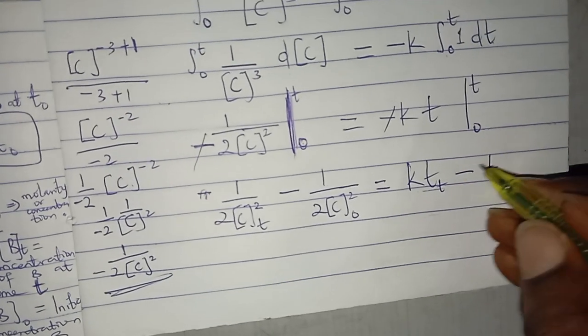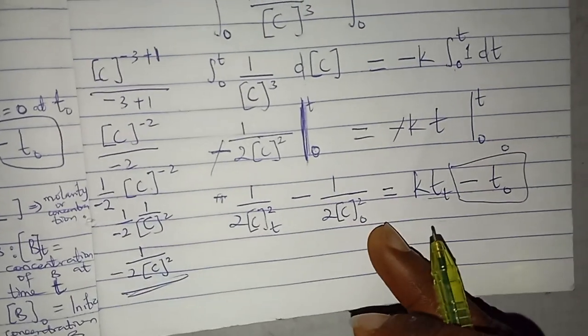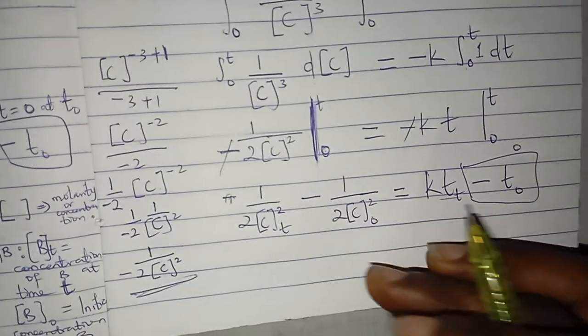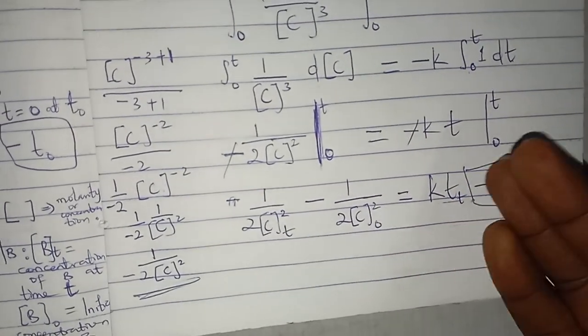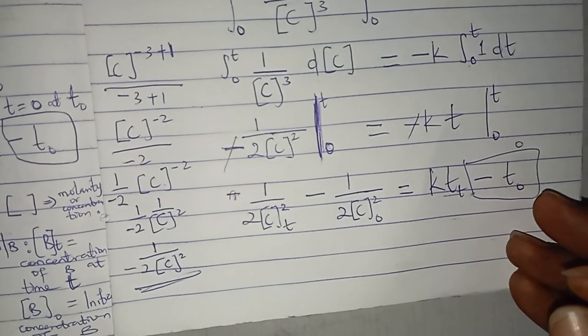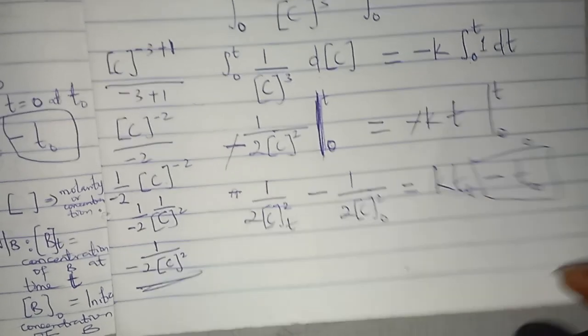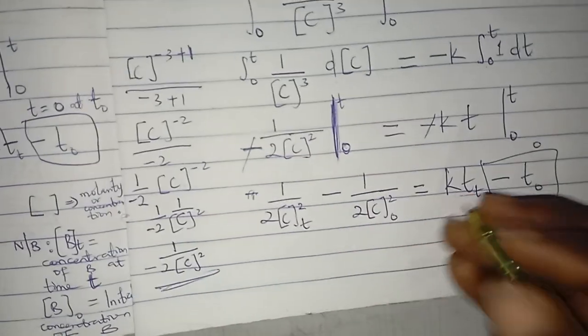And you know that t at 0 is 0, so there's no use for this. It's not like concentration. Concentration of something initially can be 20 gram or something, but time, when something starts, starts from 0. So we just have kt.